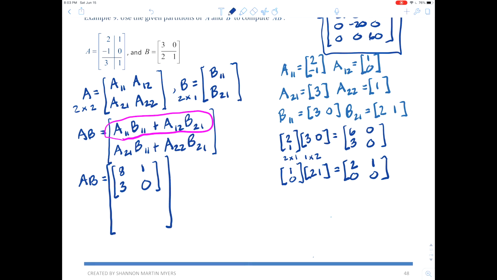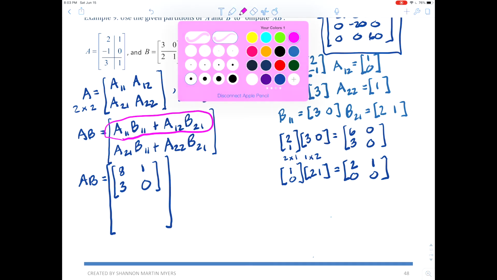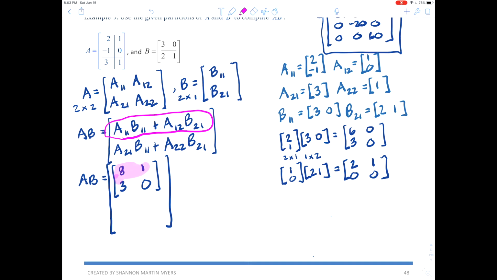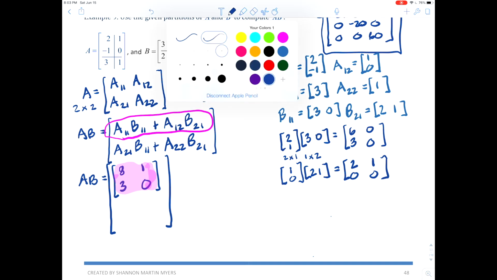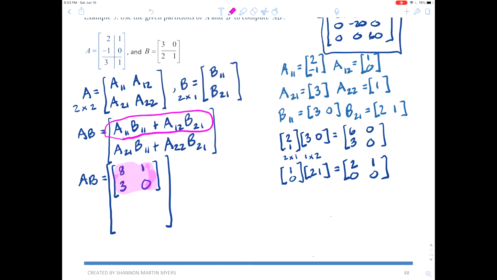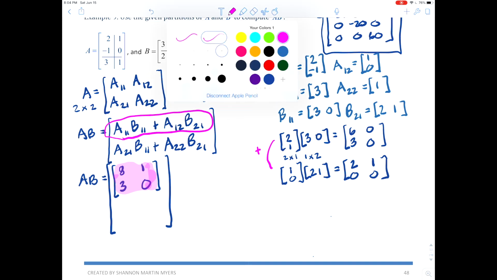This, by the way, corresponds to this matrix here. By the way, we added these. All right, and so for the next one, what do we have?